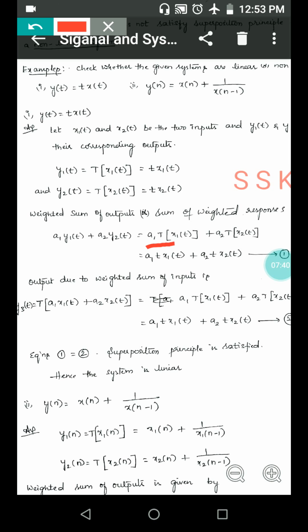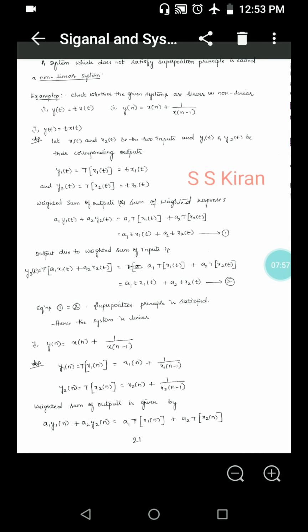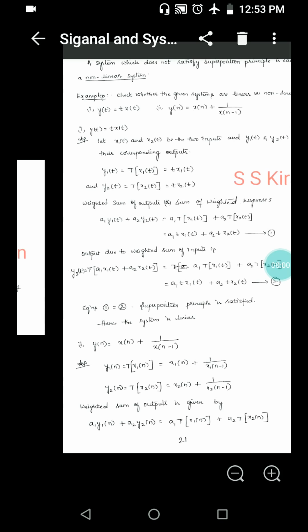Then the equation is a1 into t of x1 of t plus a2 into t of x2 of t; substitute and write the equation from this one. Those systems which satisfy the superposition theorem are called linear systems. Those which do not satisfy the superposition theorem are called non-linear systems. So finally 1 and 2 are equal, that's why the superposition principle is satisfied, hence the system is called linear.